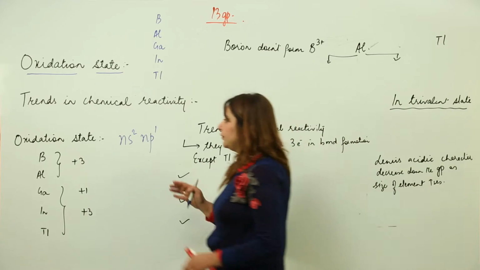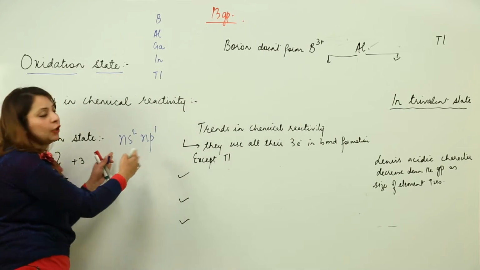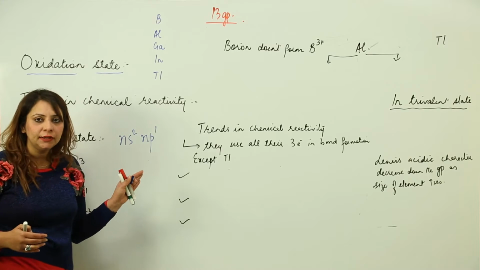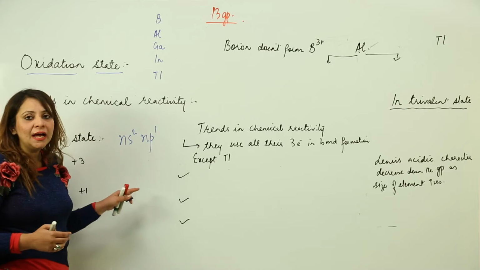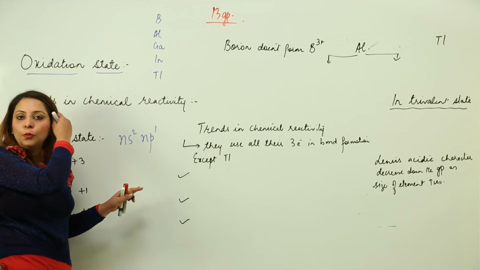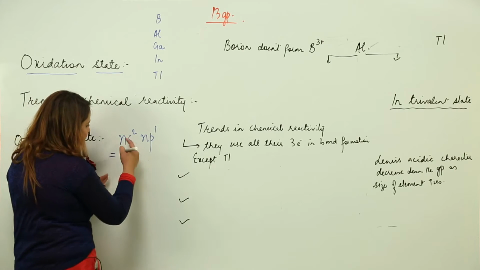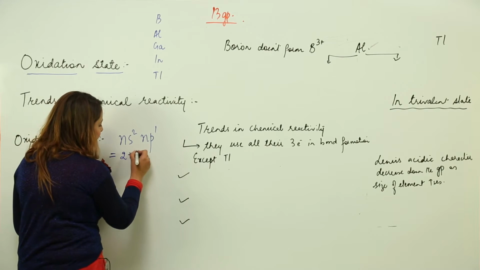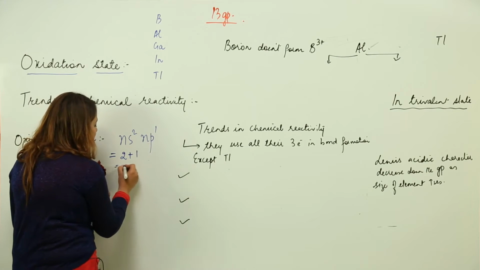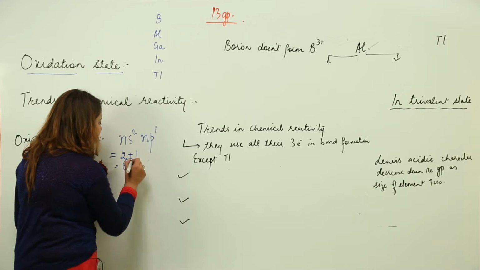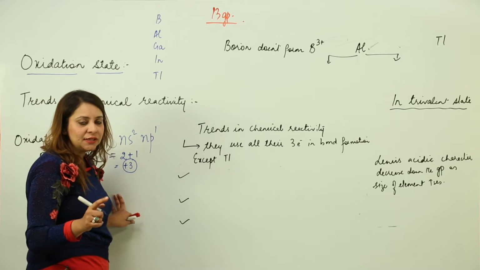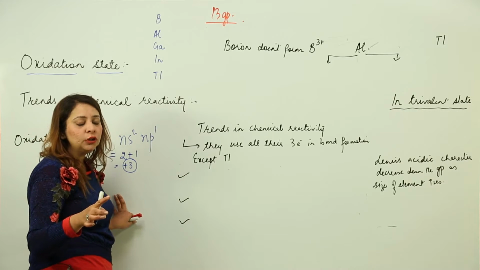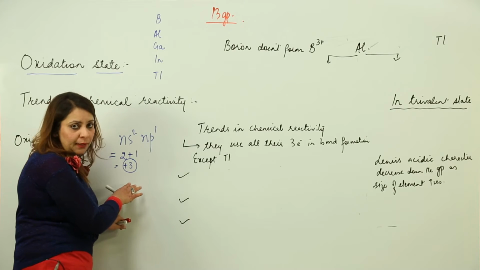If we consider the number of electrons that participate in bond formation, we know that in p block the group oxidation state is equal to the electrons in the s, that is 2, and the electron in the p of the valence shell. So the group oxidation state is +3. If we count s and p electrons both, the group oxidation state is going to be +3.